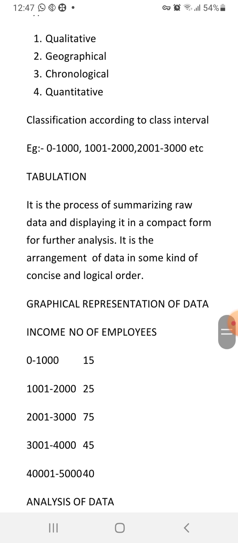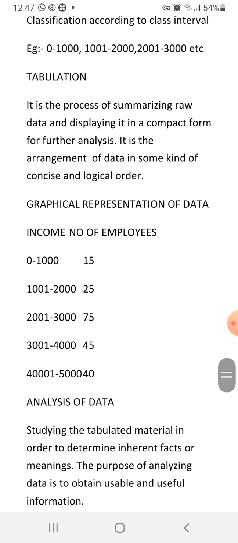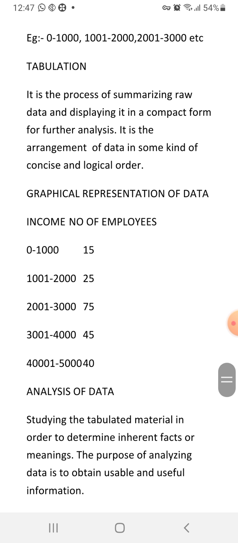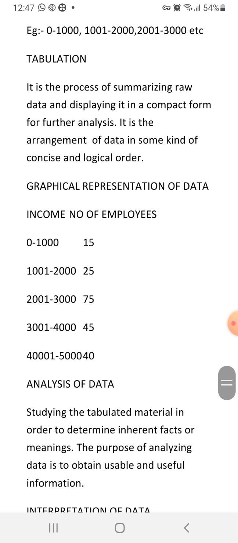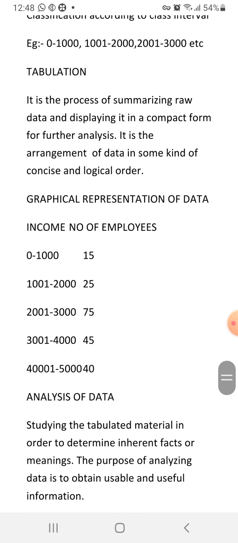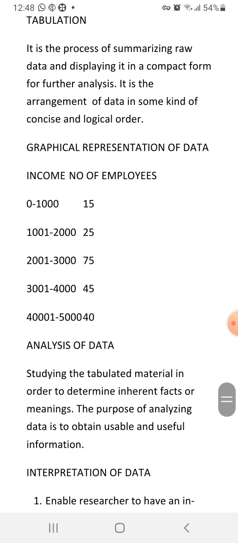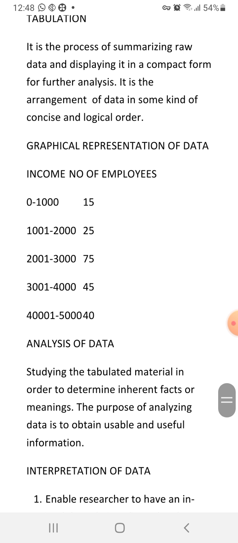Then tabulation. Tabulation is a process of summarizing raw data and displaying it in a compact form for further analysis. It is the arrangement of data in some kind of concise and logical order. Tabulation to be done: make some corresponding columns.